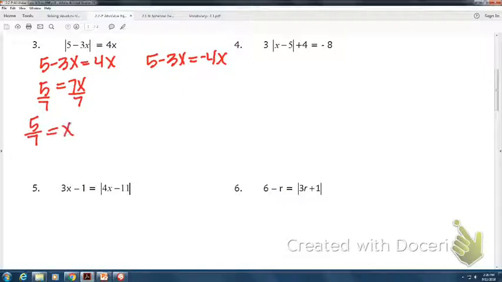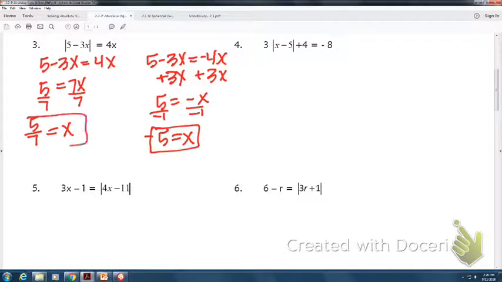Five sevenths equals x, and then over here, 5 equals negative x. So negative 5 equals x. Okay, so I get my 2 solutions. When you have x on both sides, you've got to make sure your solutions don't give you an answer that's negative, because absolute value can never be negative.